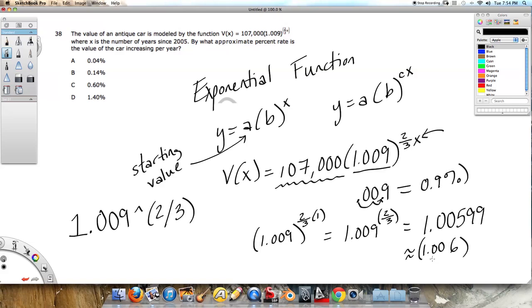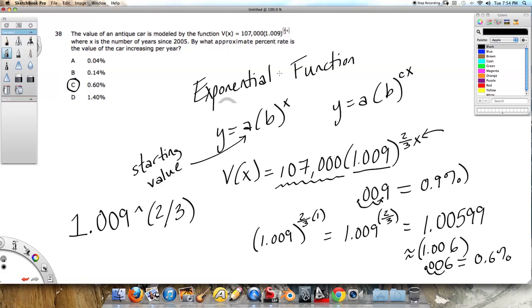So for 1 year, we plugged in 1, and that gave us a rate of 1.006 for the whole year. If I take this 0.006 and change it to a percent like I did with the 0.009, moving it over 2 places, that gives me 0.6%. So our answer is C.